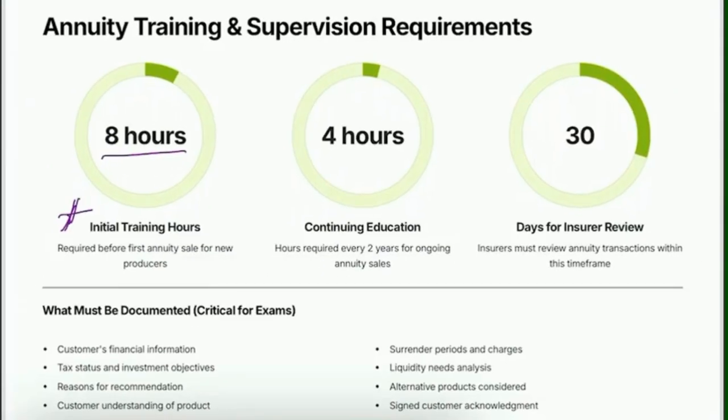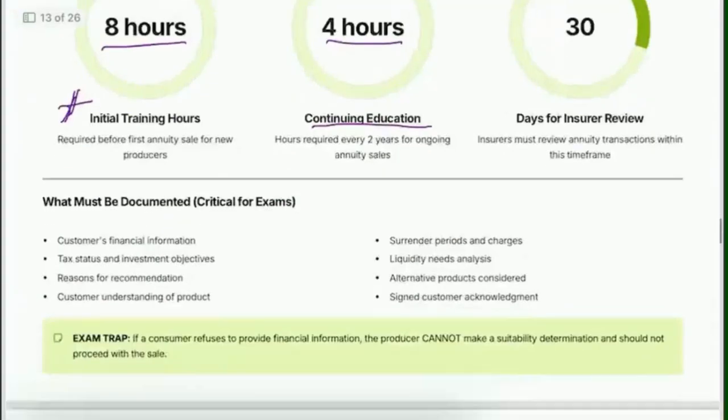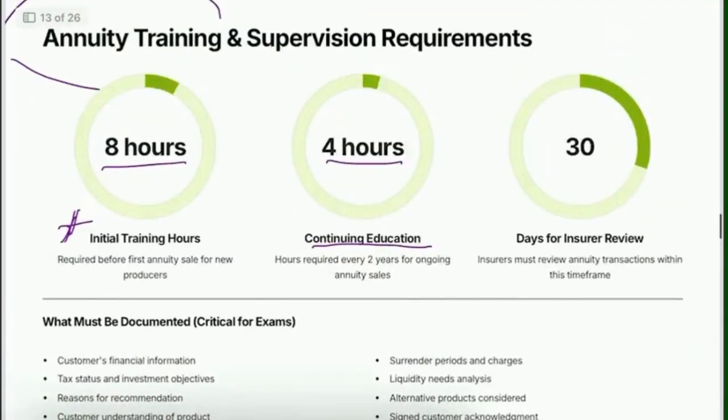So your licensing period is good for 2 years. You do have your 24 hours of regular continuing education. Within that, 3 of those are ethics. And if you are selling annuities, you also need 4 hours of annuity continuing education. So we're now at 28 hours, right?